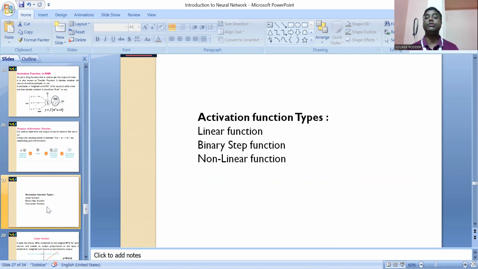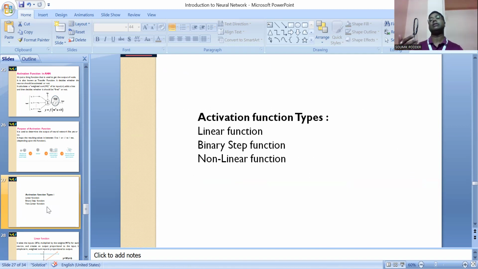Activation functions are of two types. One is linear, another is non-linear. Linear means the output is written as W transpose X plus B. Whatever the gradient of the inputs, the same gradient will be followed in the outputs.